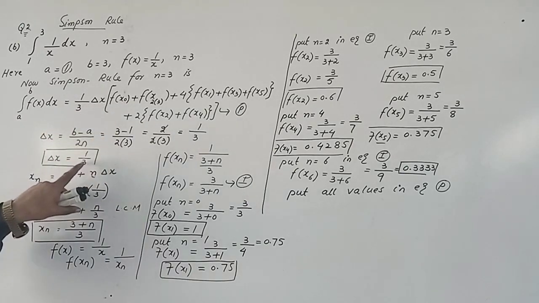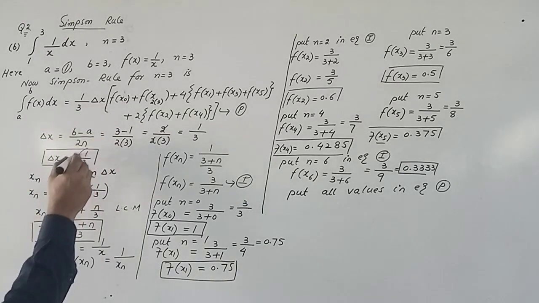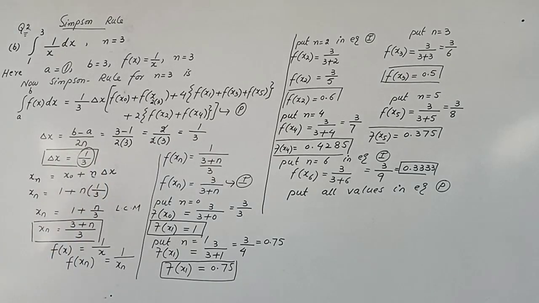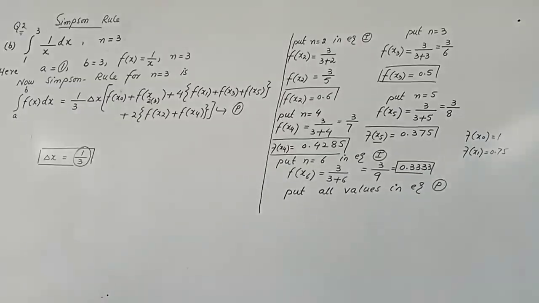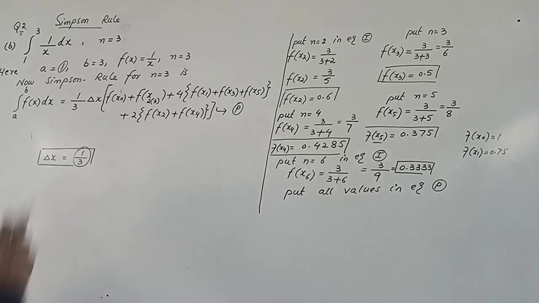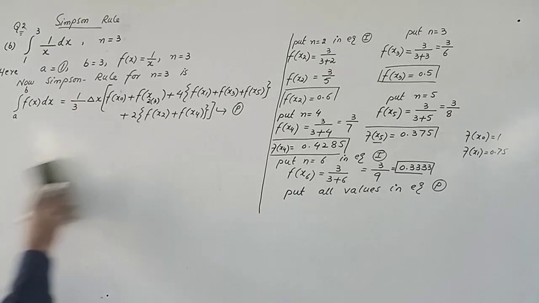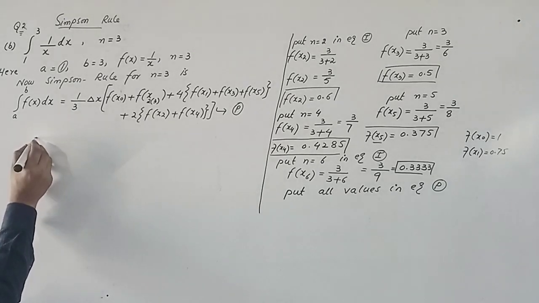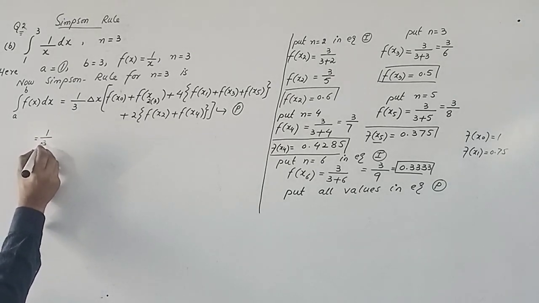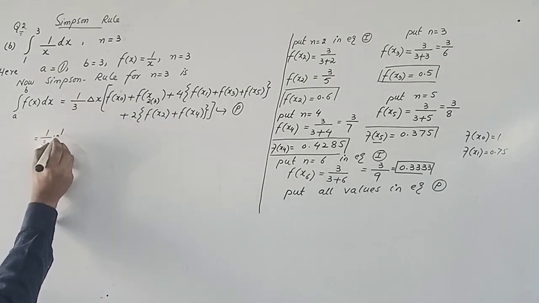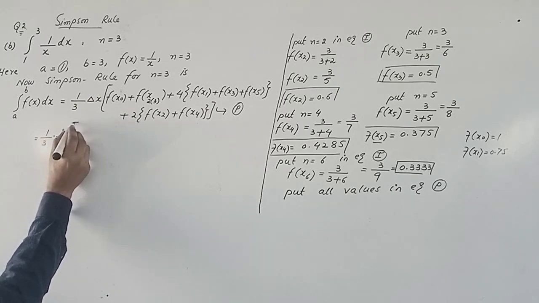The value of delta x is 1 divided by 3. So 1 divided by 3 delta x is again 1 divided by 3.